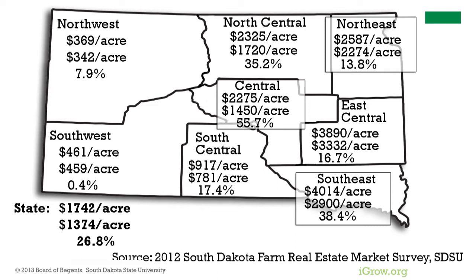One thing to note on this map is the significant changes that we've seen from 2011 to 2012, especially in the central region, where we saw a 55% increase in valuations over that time frame. Statewide average for all agricultural land from 2011 to 2012, the increase was 26.8, or almost 27%.